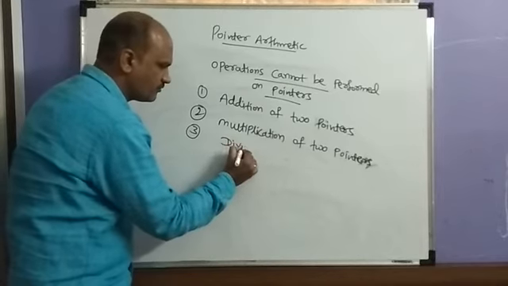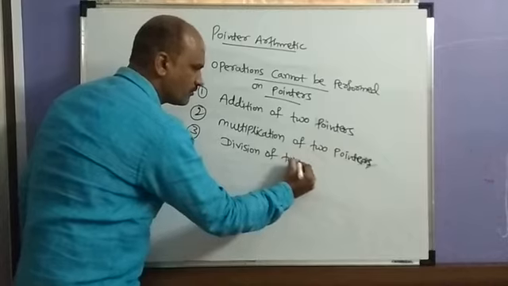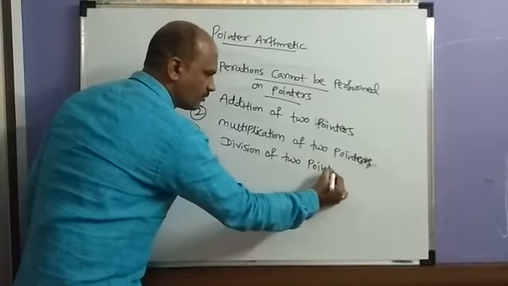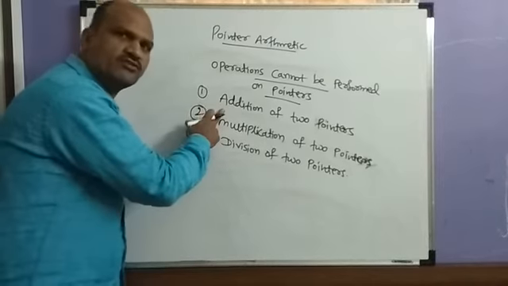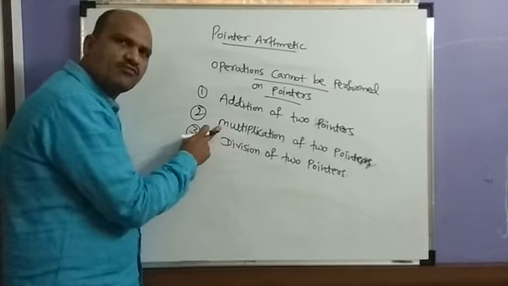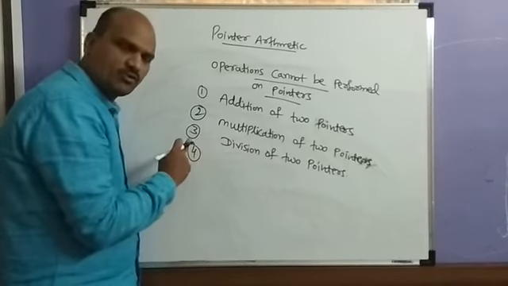Division of two pointers also not possible. So addition of two pointers is not possible, multiplication of two pointers is also not possible, division of two pointers also not possible.